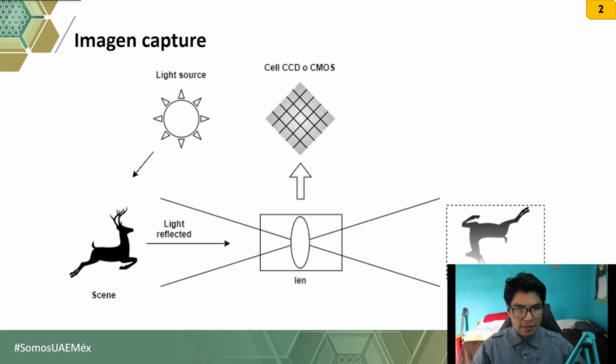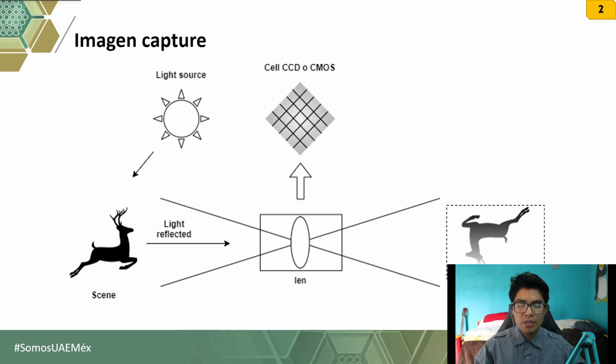Here we have an example with this diagram, where we have a light source that always reflects in the scene. The scene could be different objects and environments. Then we let that light reflect and get into a lens, and the lens can shape these images or this capture.